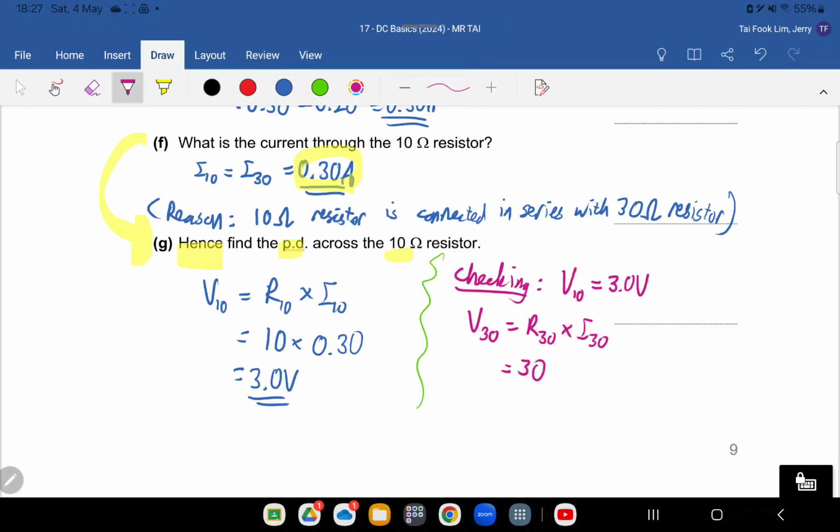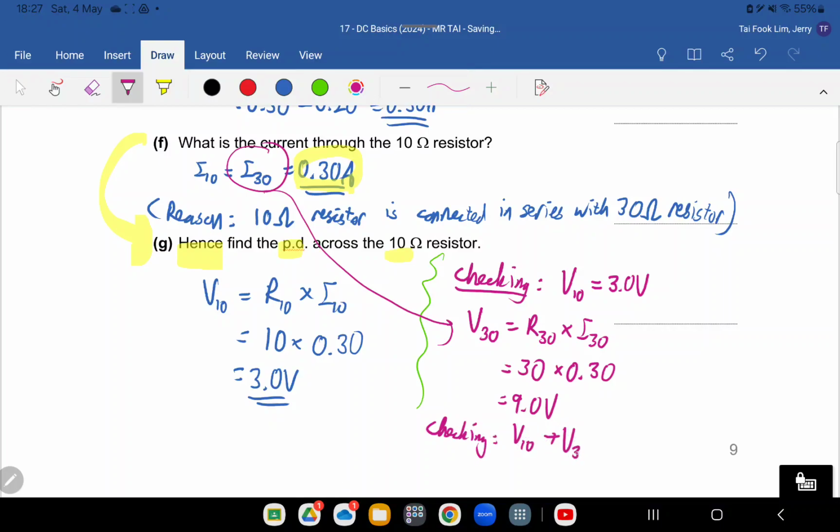So 30, I30 is given over here, so just sub inside here, times 0.30, I'll get 9.0 volts. Let's check. Voltage across the 10 ohm resistor plus voltage across the 30 ohm resistor equals 3.0 plus 9.0. You get 12.0 volts, which is the same as EMF. So the answer is correct.